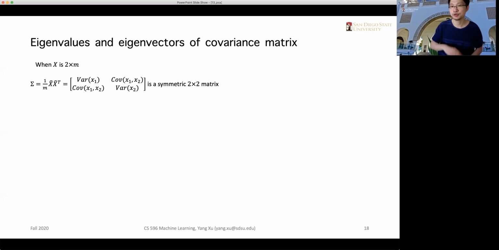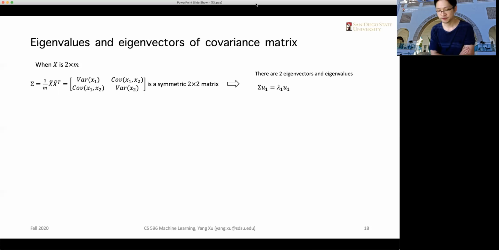As long as you use X tilde times X transpose, then all the dimensions reduce to 2 by 2. And we know that it is symmetric because the lower left is the covariance between x1 and x2, and the upper right is also the same term. So that means there are only 2 eigenvectors and 2 eigenvalues, which satisfy these 2 equations.